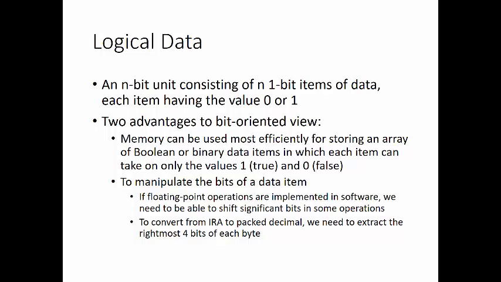First, we may sometimes wish to store an array of Boolean or binary data items in which each can take on 0 or 1. And with the logical data, we can basically perform very efficient operations on it using the shifts and the rotations that we'll talk about later. I think my footnotes may have repeated that, but it's worth repeating.